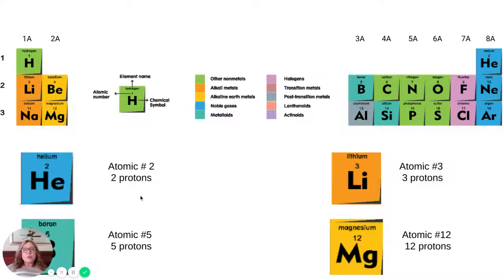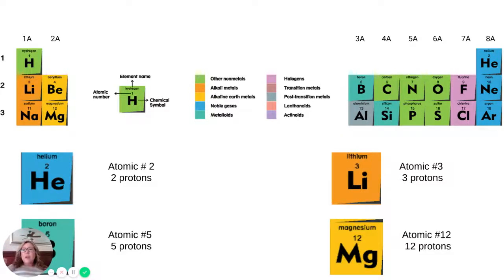So 2 protons would be an electrical charge of positive 2. 3 protons would be a positive charge of 3. But in order for the atom to be electrically neutral, it must have something to balance out that positive charge. And the thing in an atom that balances out the positive charge are the negatively charged electrons.